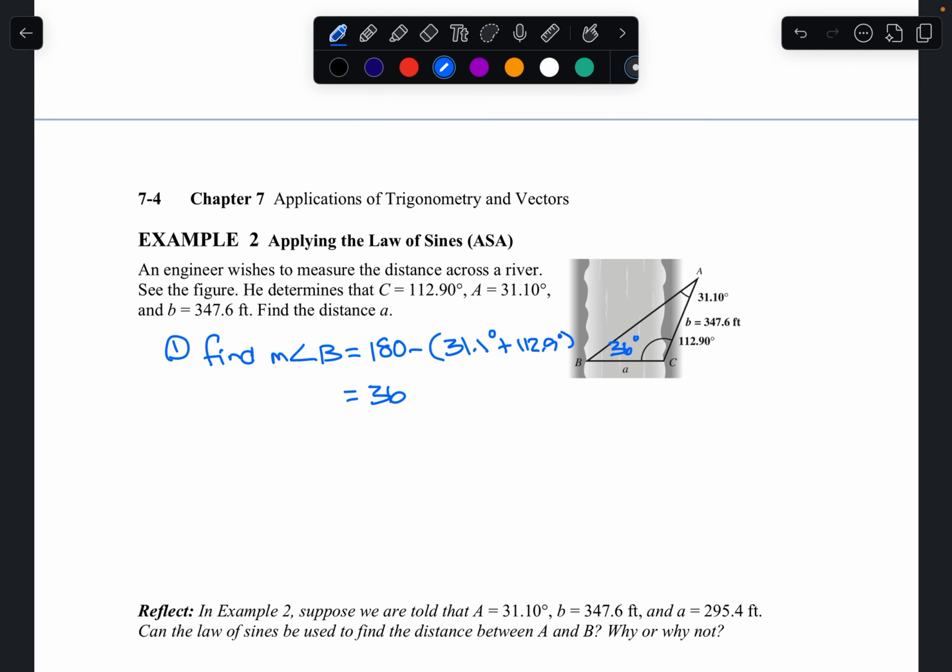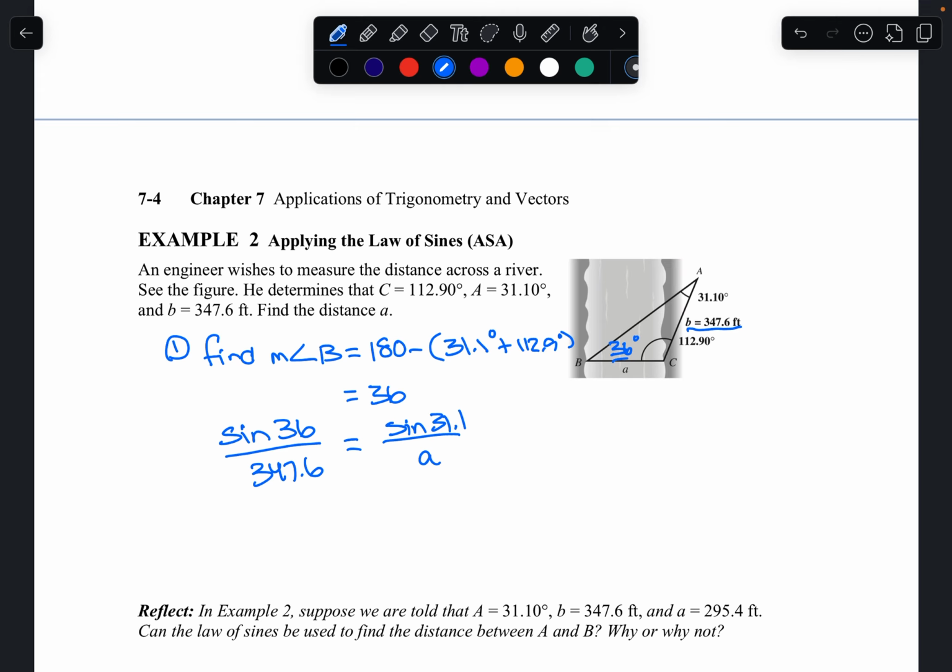So now we know the length of a side and the measure of its opposite angle. So that means we're going to have to do the sine of 36 is to 347.6 as the sine of 31.1 is to A. Now, you can also think, because you know triangle inequalities and the facts of triangles: smaller the angle, shorter the side.